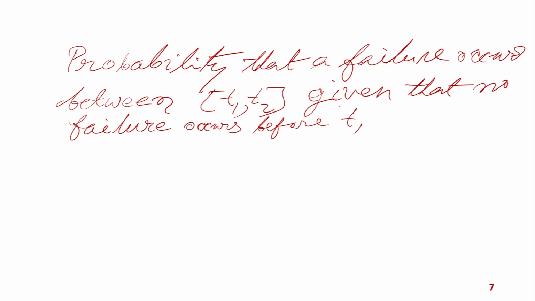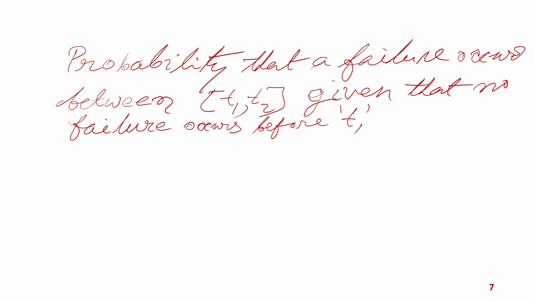So, here is a condition. I am telling the probability that a failure occurs between t1 to t2 given that no failure occurs before t1. So, this is some sort of conditional probability.